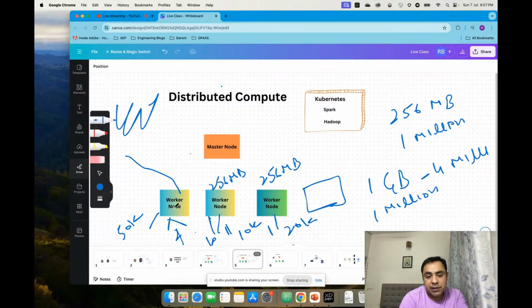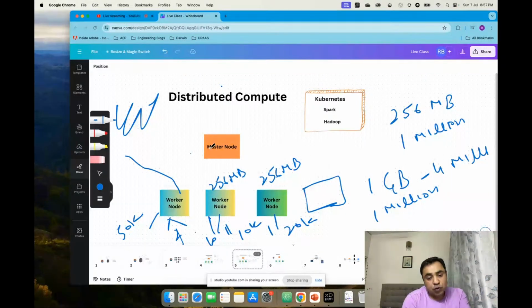The master node is just maintaining overall that whenever a job is coming, whatever instruction it has given to the worker nodes, they're able to execute. It will monitor, wait for the result, and finally give back the result to the client.